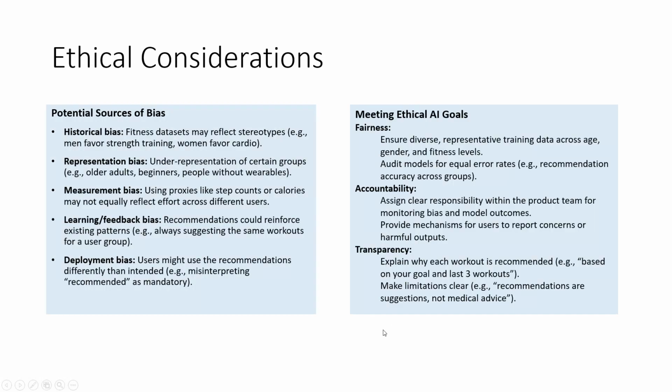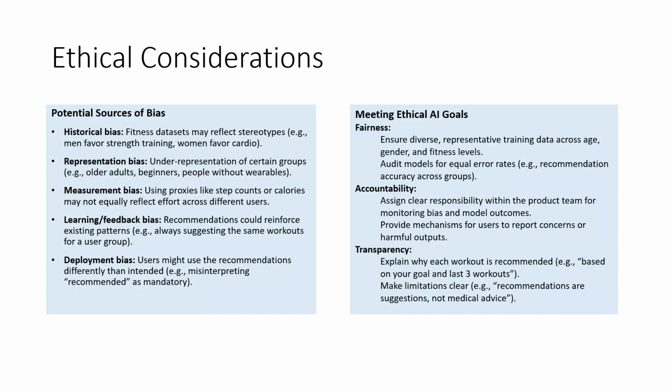Lastly, the ethical considerations. So there could be potential sources of bias. We have defined certain bias which could be present during this collection. Historical bias, fitness data sets may reflect stereotypes like men favor strength training and women favor cardio, which is very typical.